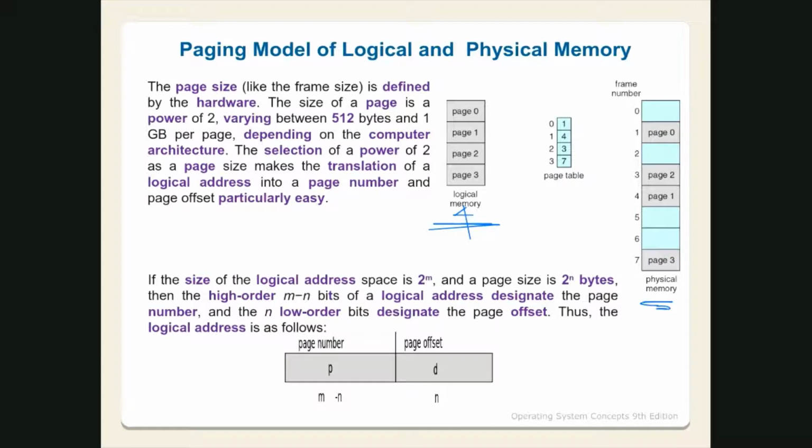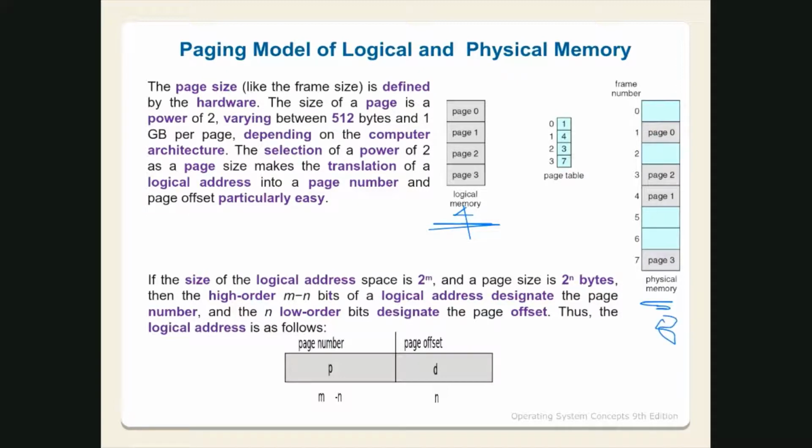We have blocks: pages here, frames here. The size is the same. The number of pages is not the same as the number of frames. Don't expect that. From this example, I have 4 pages here, but I have 8 frames here. It doesn't matter, it's not a problem.